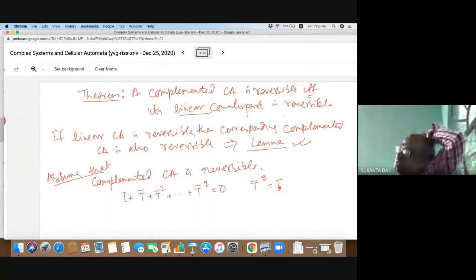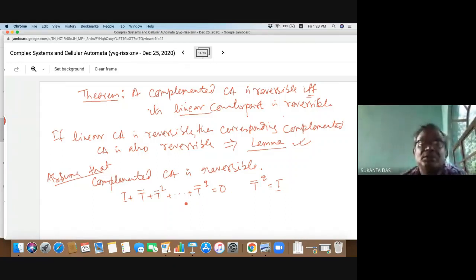From this one, I have to prove the reverse one, that T also, this is given, T also is generator of a cyclic group.